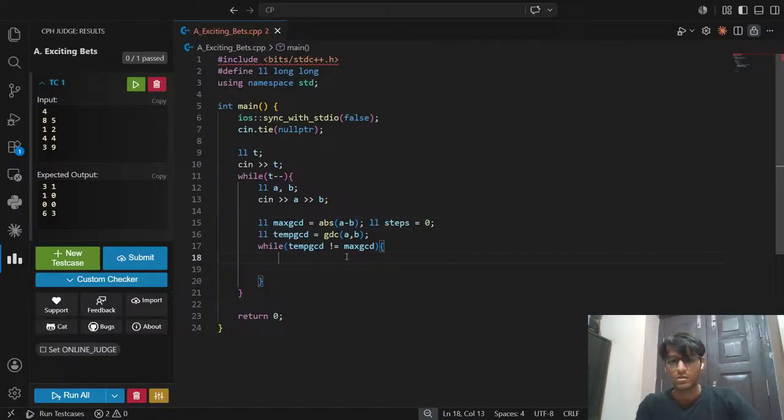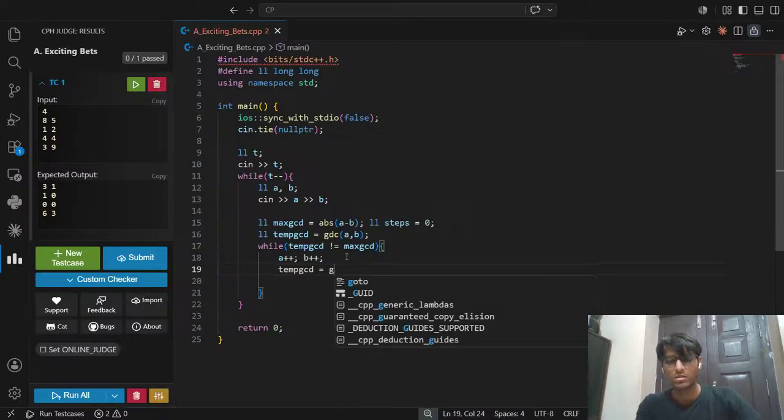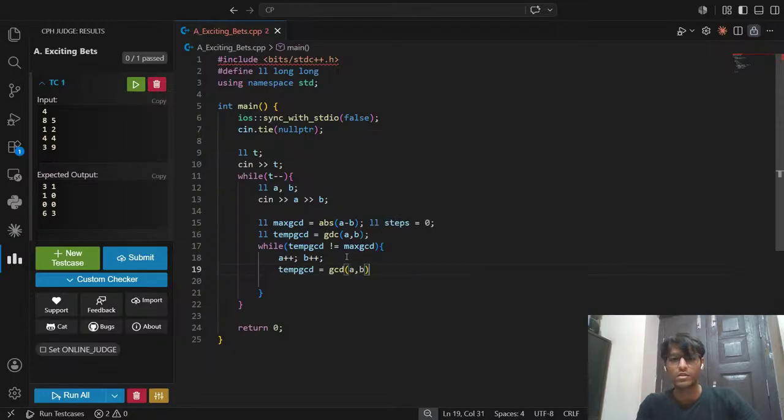If it's not equal, then A plus plus, B plus plus, and then we compute GCD equals GCD of A, B, right?